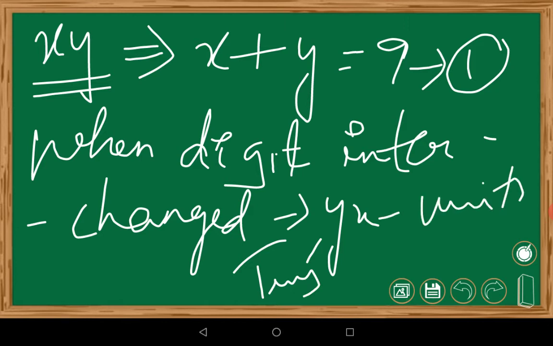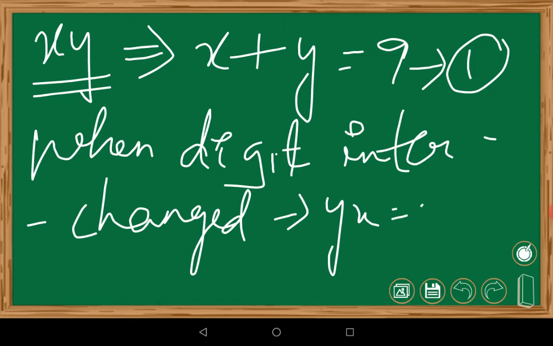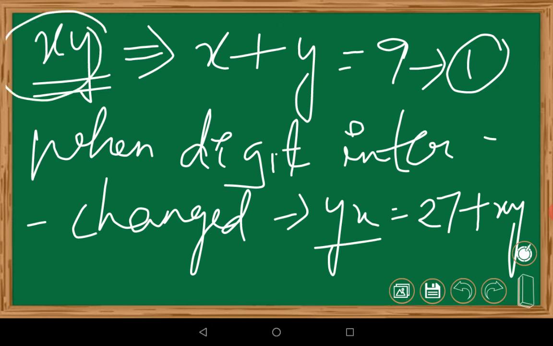So let's not mention that because it won't be enough for me to write. Clear? Then what will happen? yx will be equal to 27 more than the original number. Understood? That means when we interchange it, the interchanged number is 27 more than the original number. Understood? So that will be the next equation.